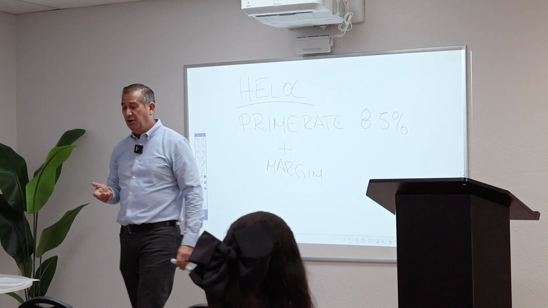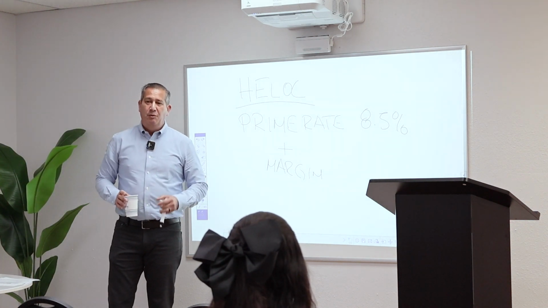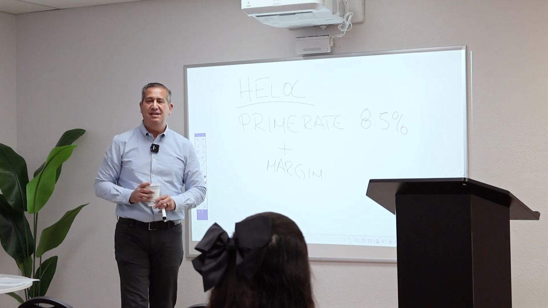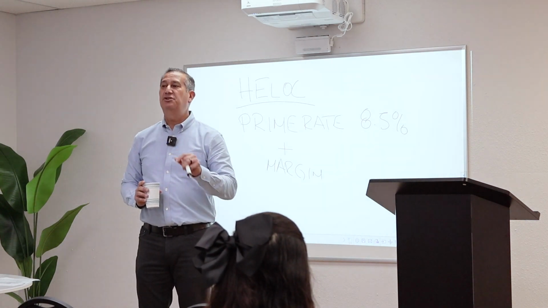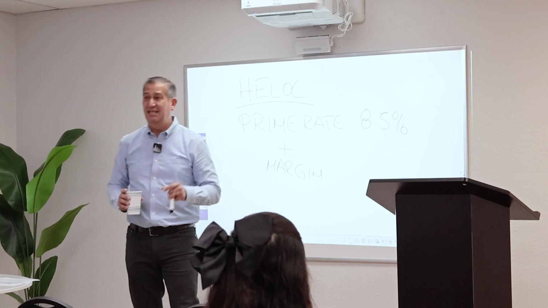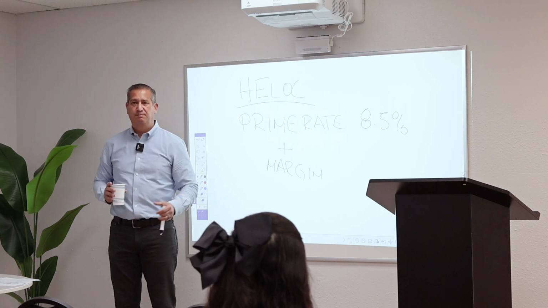Now, one thing that I struggle a lot with is when I'm competing against credit unions or banks. Because the credit unions and the banks tell the clients that you have an introductory rate for the first 3 months or for the first 6 months of 3%. Or some BS like that.